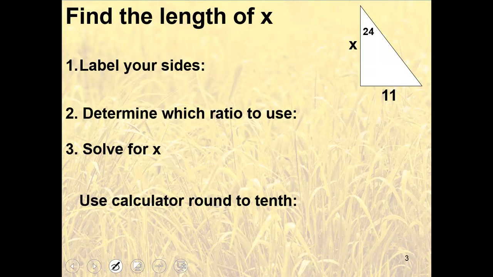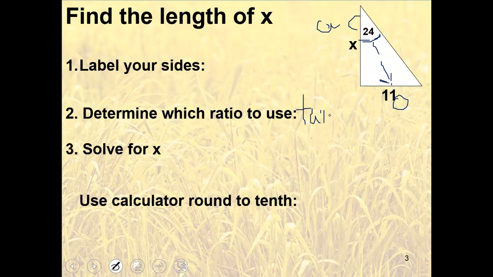Let's try this next one. Again we have a 24-degree angle. I haven't moved the angle on you, but this time we're given information about the side opposite and the side adjacent. So which trig function uses a ratio of opposite and adjacent? Well, that would be tangent.